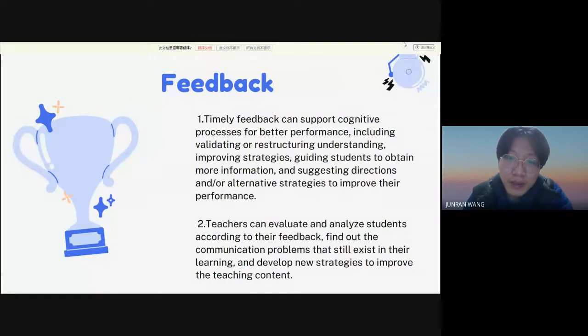And the feedback. First, timely feedback can support cognitive process for better performance, including validating or restructuring understanding, improving strategies, guiding students to obtain more information and suggested directions, and offering alternative strategies to improve their performance.